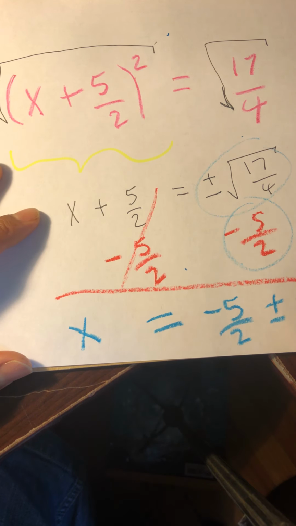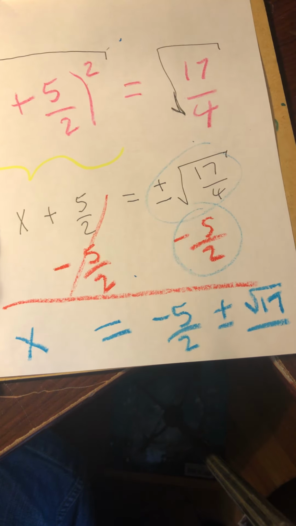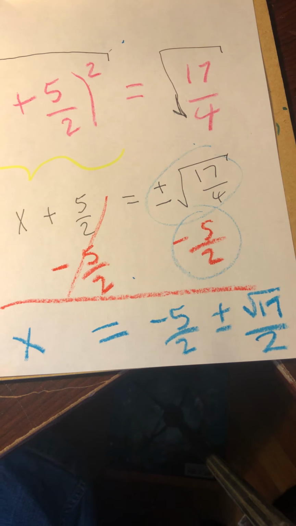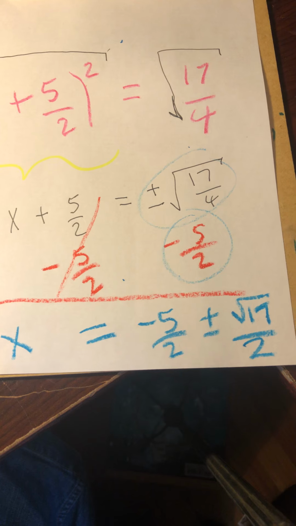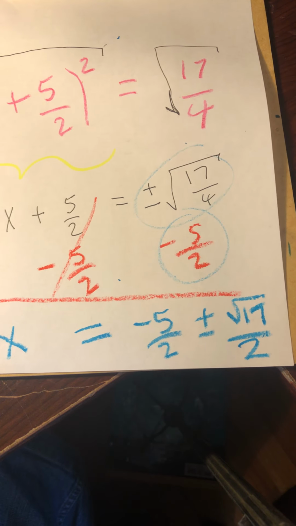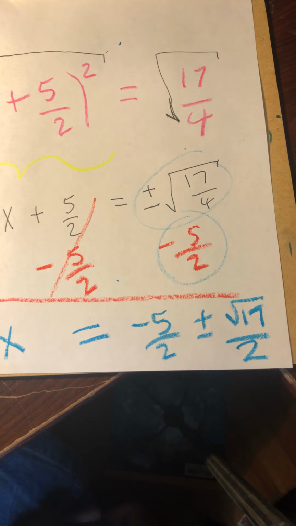The square root of 17 is still irrational, so I leave that. There's nothing I can do. And then the square root of 4 is 2. And so that's going to be my solution: x is equal to −5/2 plus or minus √17 over 2.